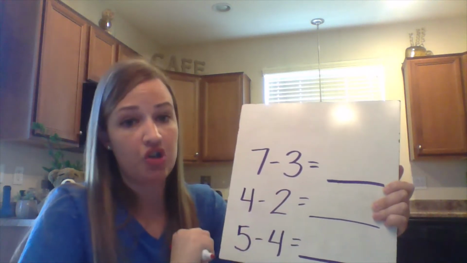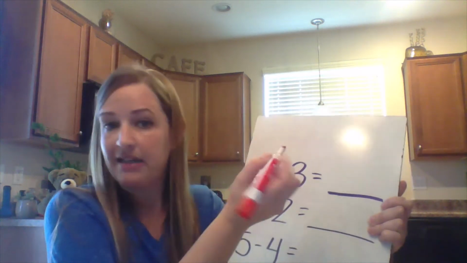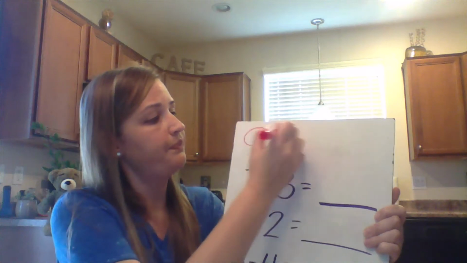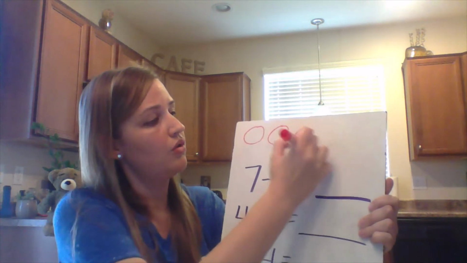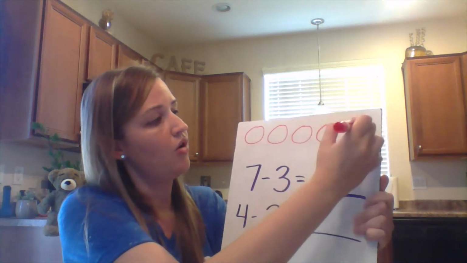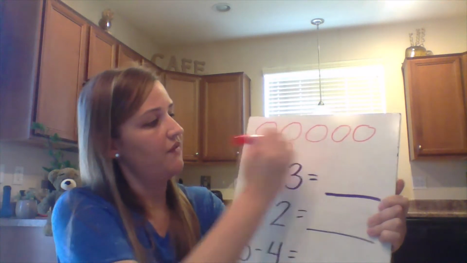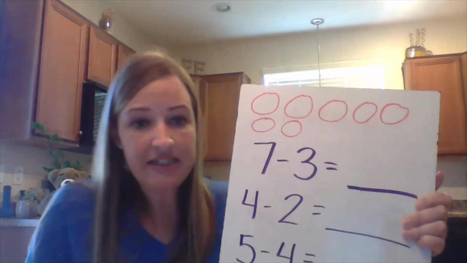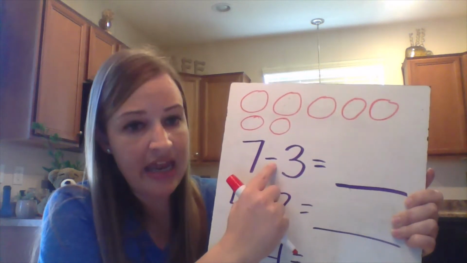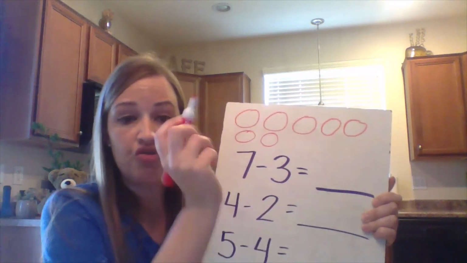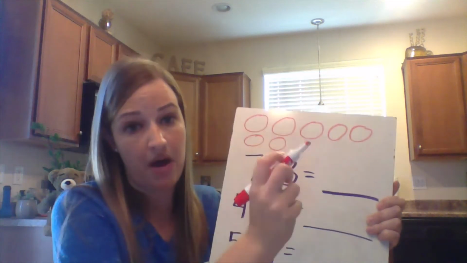I'm going to first start by drawing 7. I'm just going to simply draw circles. I'm going to draw 7 of them. 1, 2, 3, 4, 5, 6, 7. Okay, now it says I'm going to take away 3 of them. And to show that, I'm going to draw X's on my circles.